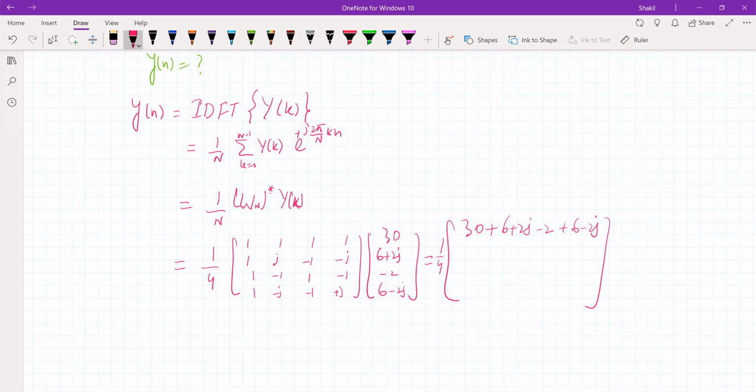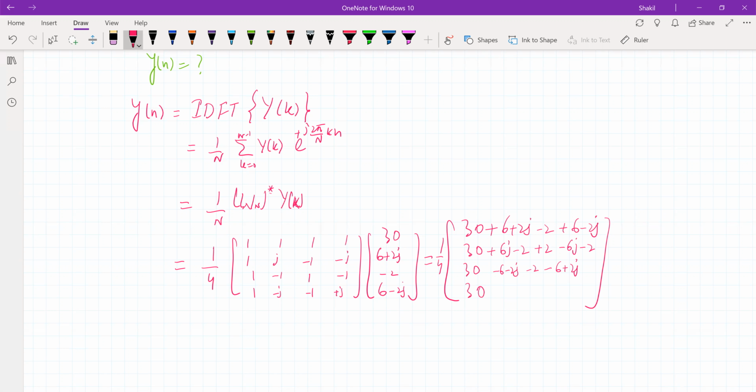And the second term will be 30 plus 6j minus 2 plus 2 minus 6j. Let me check the result myself. Then the third will be 30 minus 6 minus 2j minus 2, this will be minus 6 plus 2j.